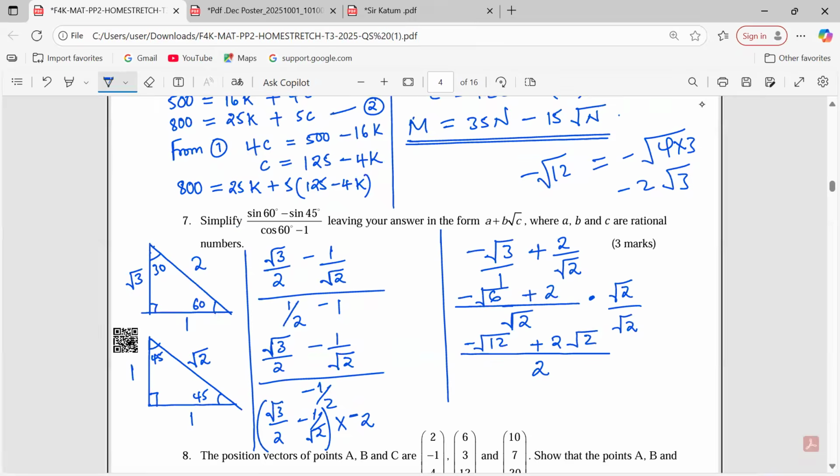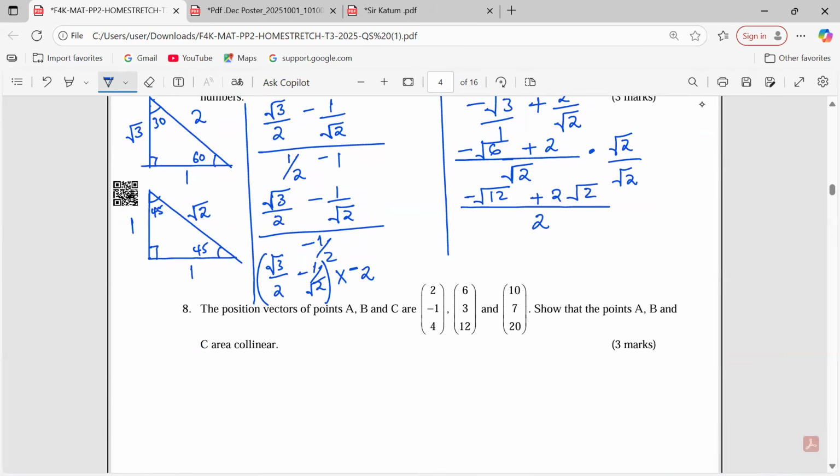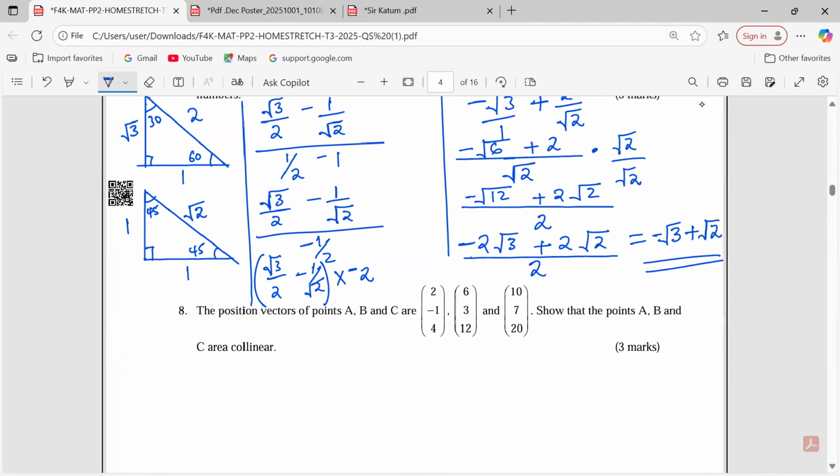Therefore, we have negative 2 root 3 plus 2, the root of 2, divided by 2. So it means everything is under the division of 2. If everything is being divided by 2, then from the first case, we shall get negative root of 3. And from the second case, we shall get the root of 2, because 2 shall simplify now from both cases.